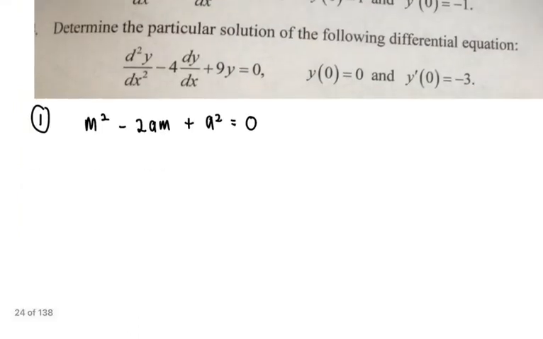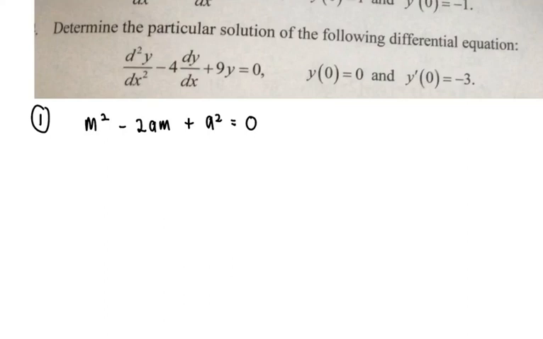Okay, now you have a quadratic equation. In order to solve this quadratic equation, you cannot factorize this one in a factor form. So you must use the quadratic formula.